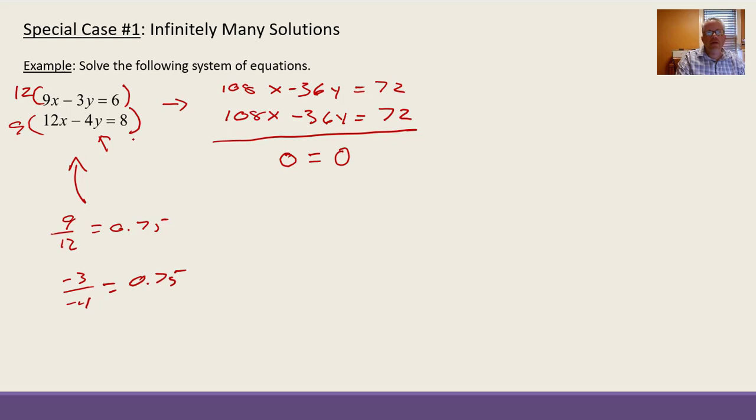And if we take a look at the ratio of the constants, 6 over 8, we get the same ratio. So we can check the ratios. If all the matching coefficient ratios are the same, one equation is a multiple of the other, and they're really the same line.